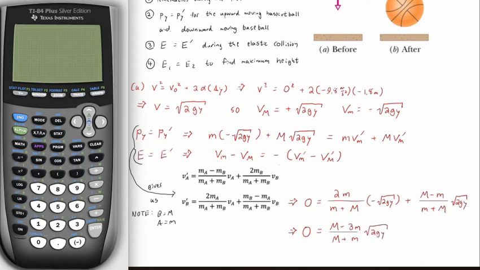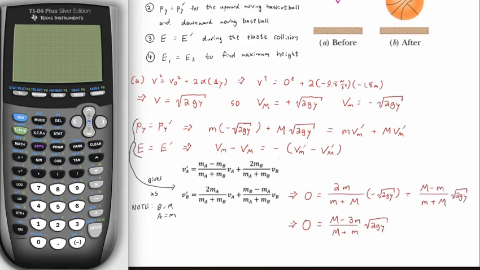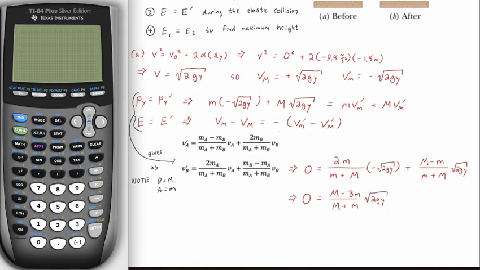Well, the only way for this to actually equal 0 is for M minus 3m to be 0, because we're not going to get a 0 out of the denominator. This coefficient of the square root of 2gy isn't going to affect our 0.